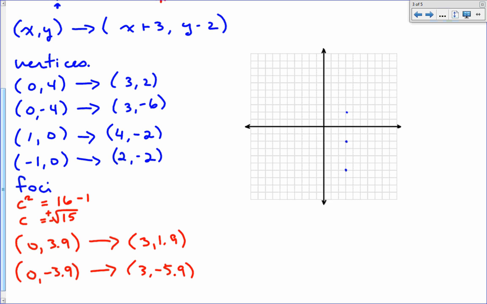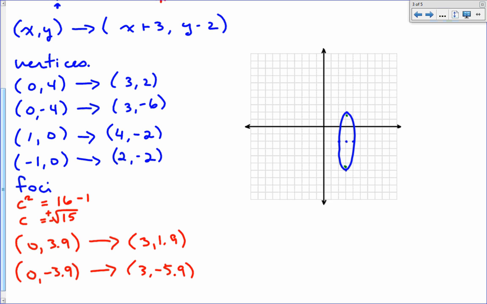Our endpoints of our minor axis are at (4, negative 2) and (2, negative 2). So you can see this is going to be a long, skinny ellipse here. And our foci are at (3, 1.9), so just a little bit on the inside of there, and (3, negative 5.9).